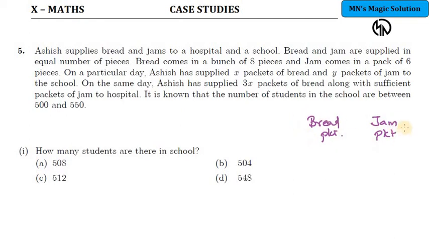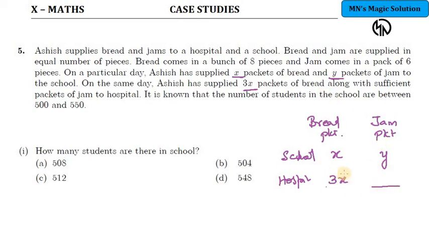In this combination, Ashish supplies X packets of bread and Y packets of jam to the school. To the hospital, he is supplying 3X packets of bread and also an equivalent number of jam packets.